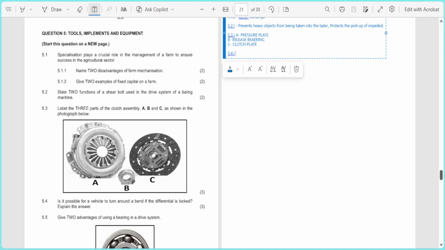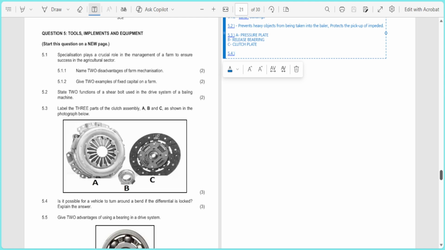This is fundamental mechanics. When you turn a corner, the outside wheel follows a large radius and needs to rotate faster. I'm trying to paint a picture here. A differential allows this speed difference.